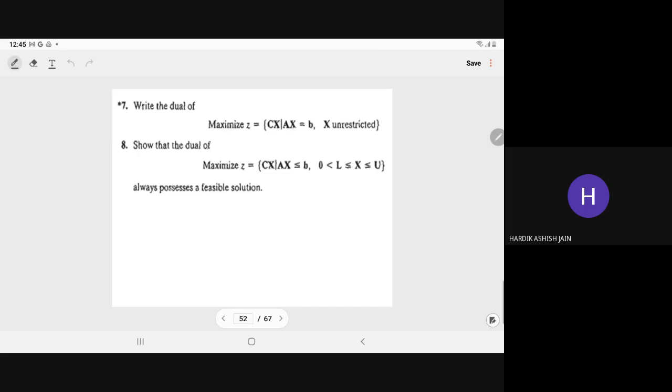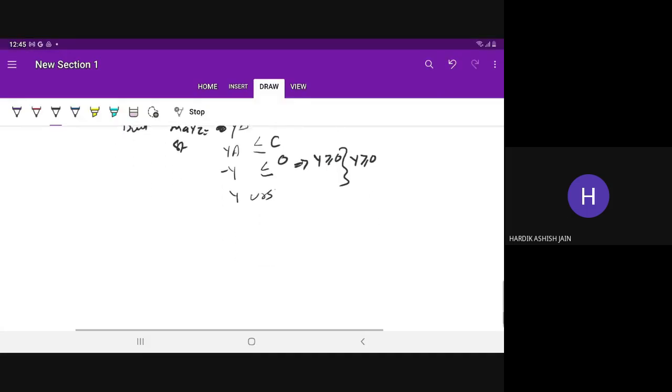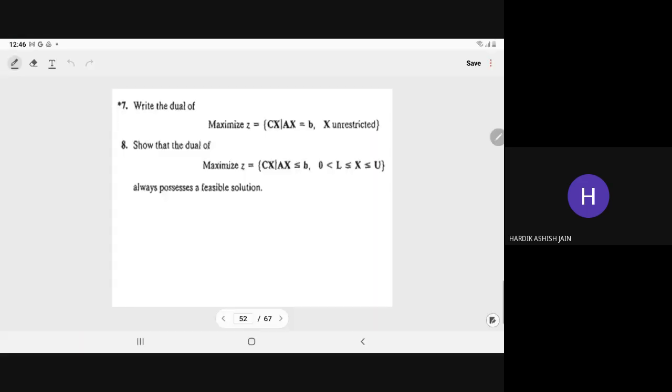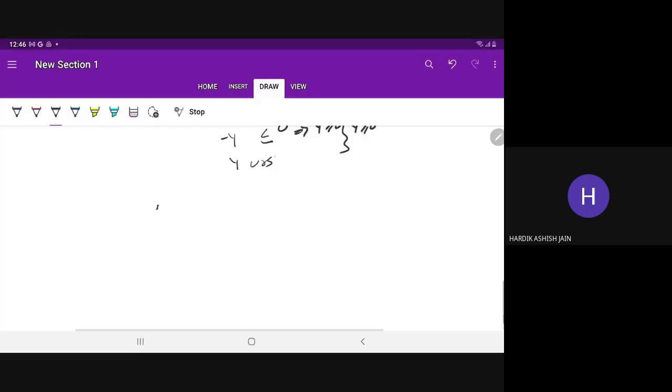Now write the dual of maximize z is equal to cx, ax is equal to b, x is unrestricted. Is the problem maximization or minimization? Maximization. So here we have maximize z is equal to cx subject to ax is equal to b and x is urs.